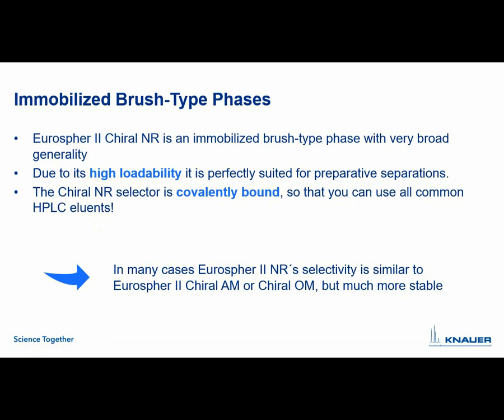So whenever you can use Chiral NR, I would recommend that because it is so stable. Often it has the same selectivity, so you can reach the same results as with Chiral AM or OM, but it is more stable. But there are cases where Chiral AM and OM have a lot better results, and then you will have to stick to them.